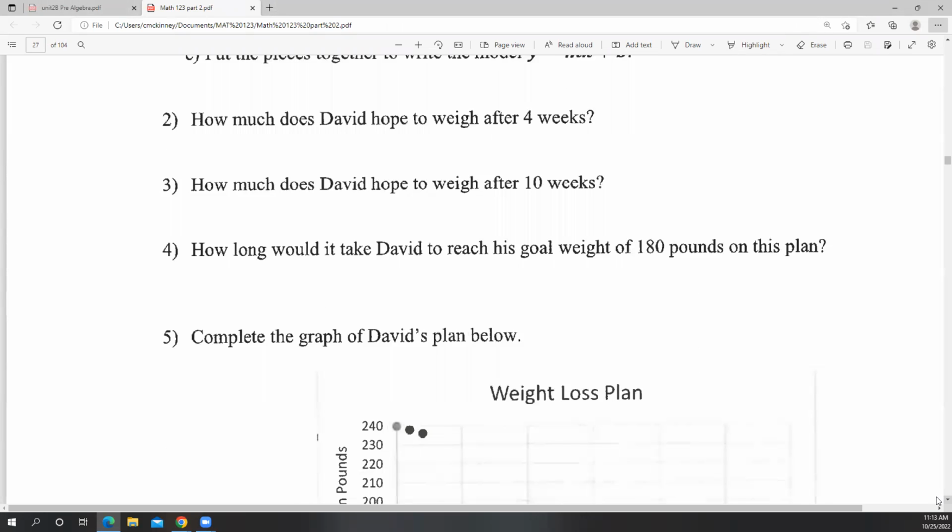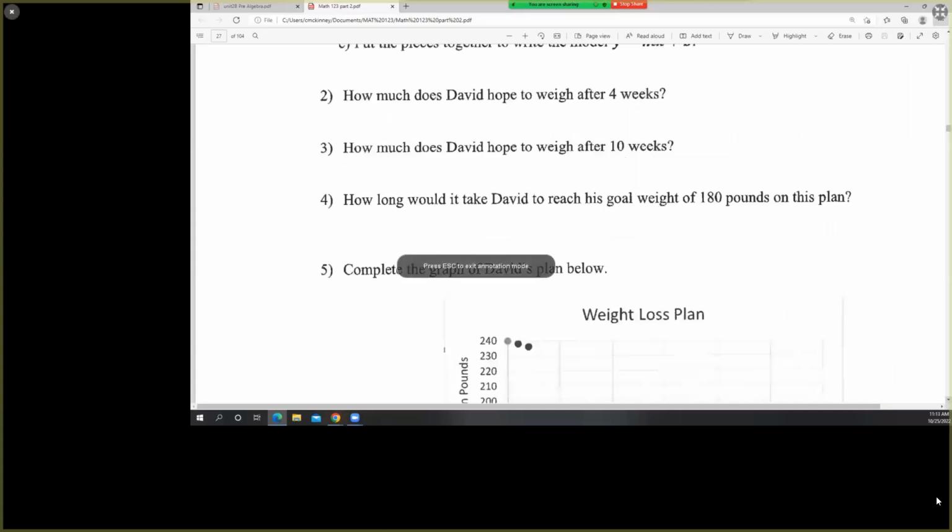So the weeks, that's our X. So if I know the weeks, I'm just going to plug that in. And I also got 232 there. And then we're going to do the same thing for 10 weeks. So after 10 weeks, David's down to 220 pounds.